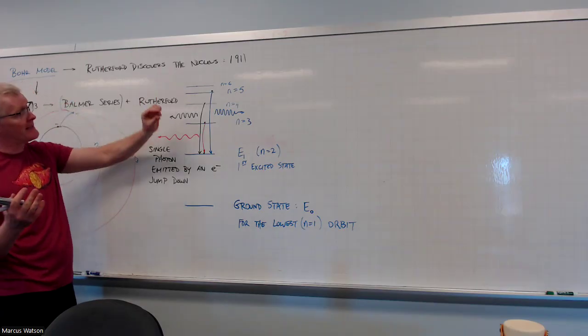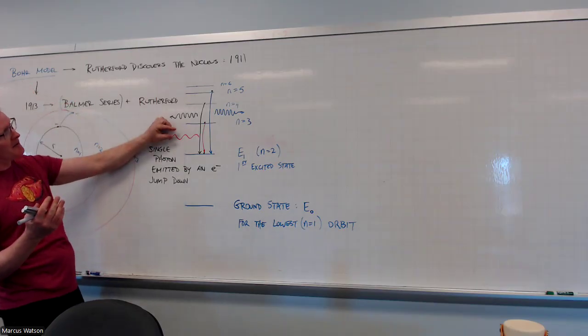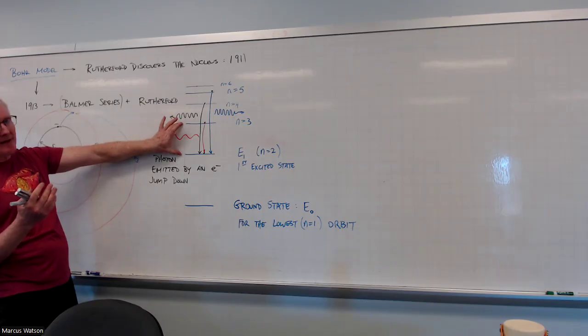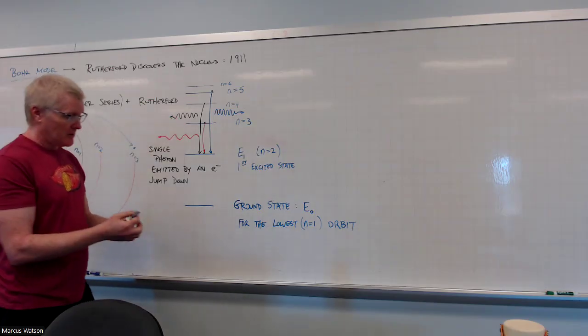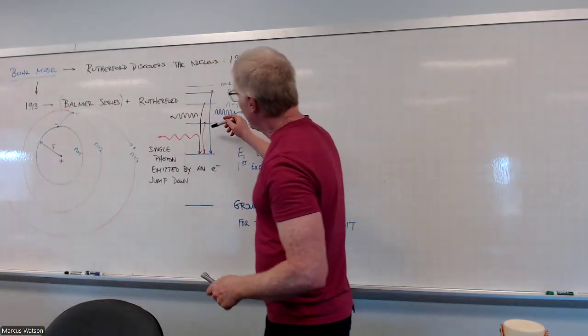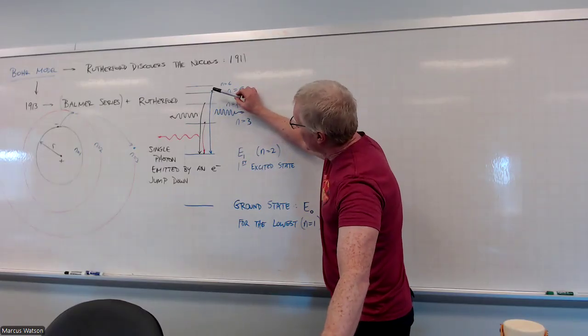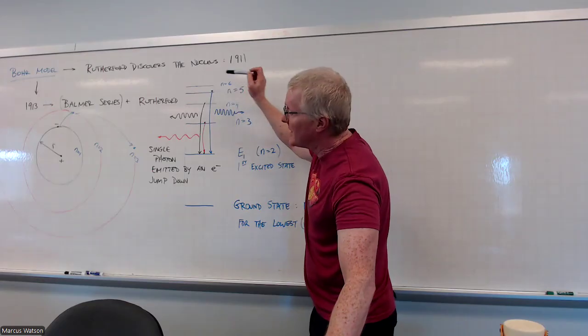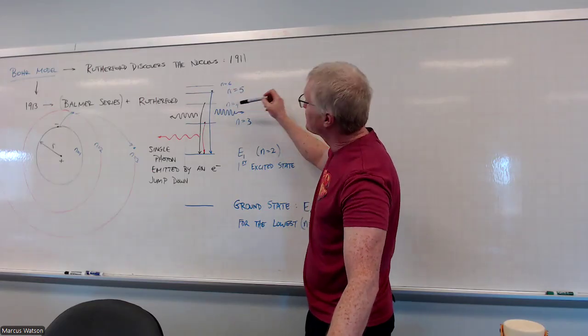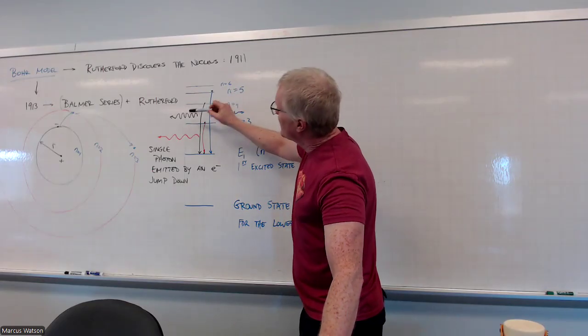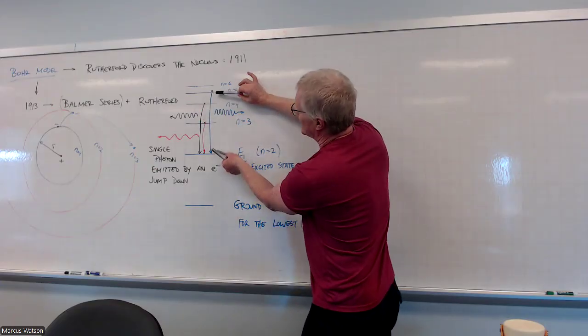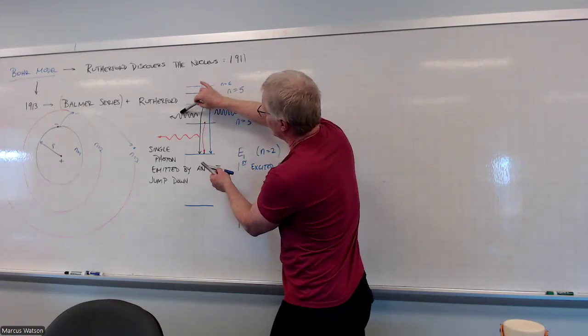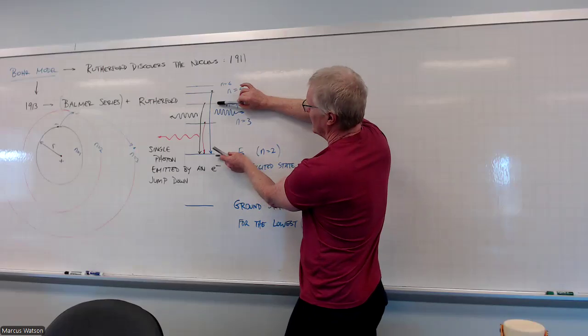But that photon is representative of the energy between the levels, right? So what Bohr did was he said, okay, if I imagine this as the model, and I say the photon is kicked out by the electron when it drops, then that means the photon's energy is the same as the energy difference. For example, if I'm looking at this one here, it'd be between these two levels right here. Right?